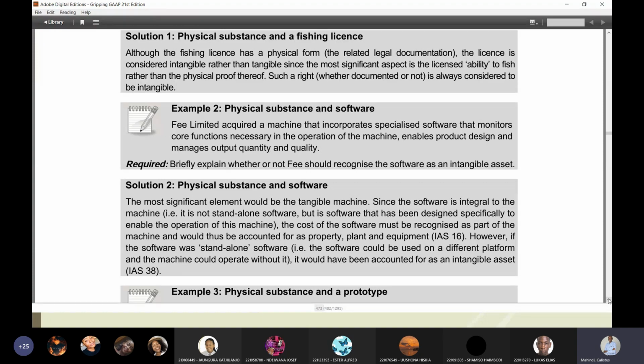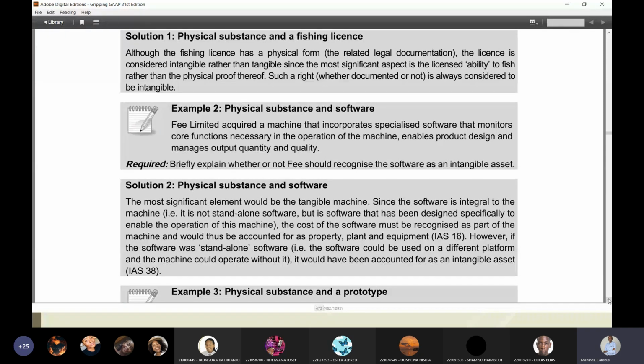But that Android software is integral to the operation of the phone. Without that Android software, you will not be able to operate the phone. So since it's integral, it's considered as part of the cost of the phone, and your phone would be considered as equipment.